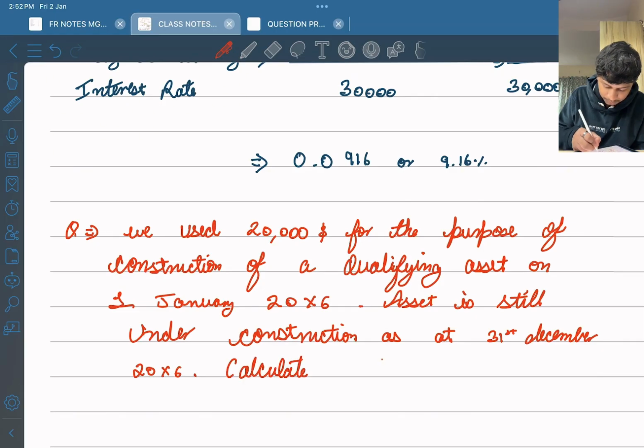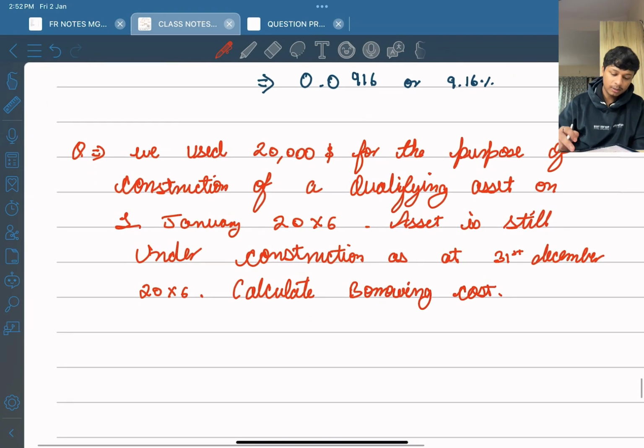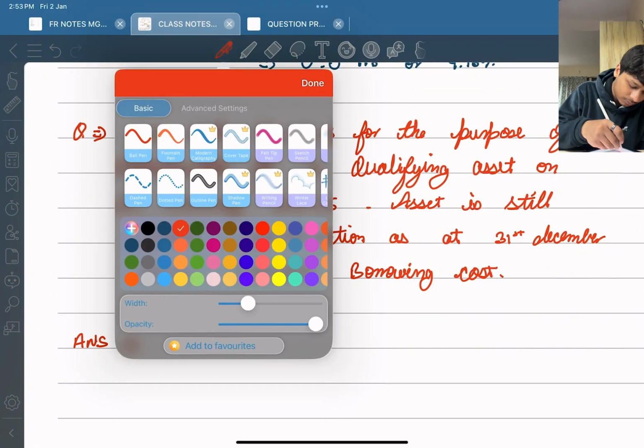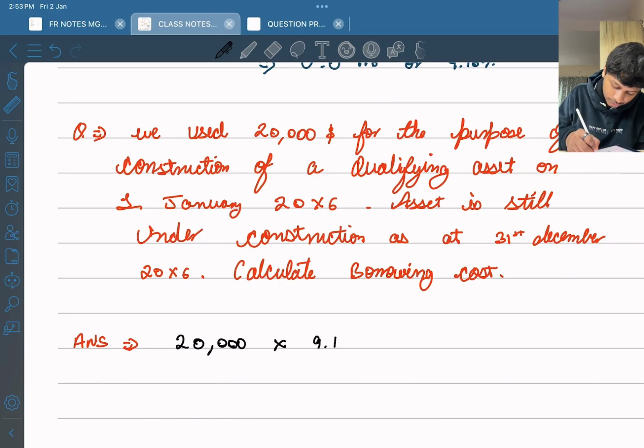Calculate borrowing cost. Now, what will be the borrowing cost? We will simply do 20,000 into 9.16 percent.